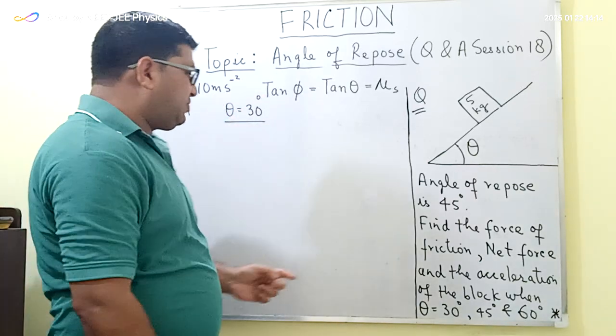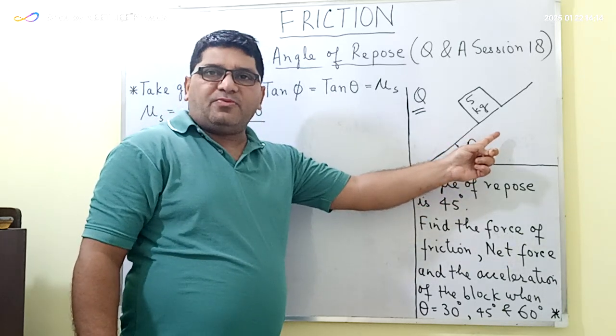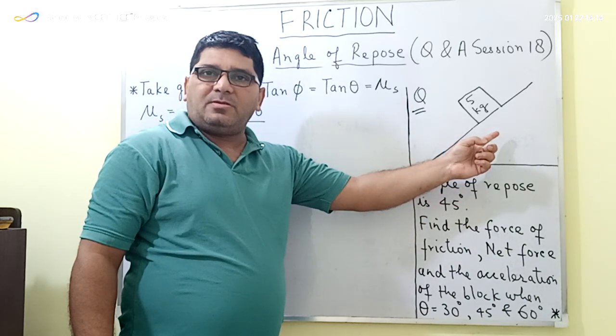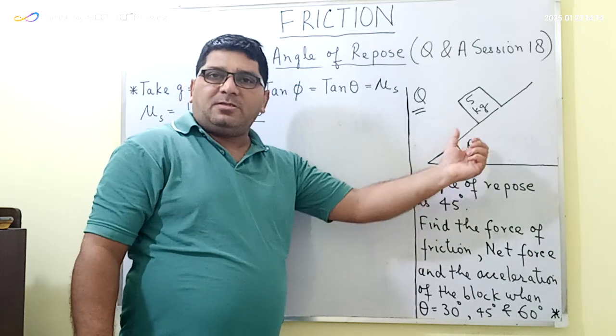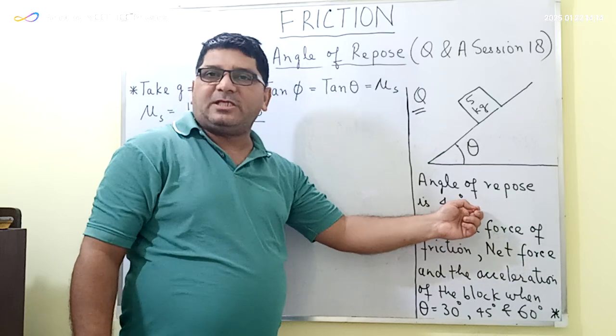Now, as per the definition of angle of repose, a body will move or slide down the inclined plane only when the angle of inclination is more than the angle of repose.